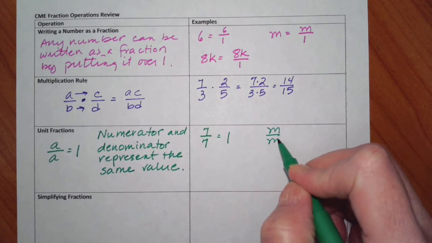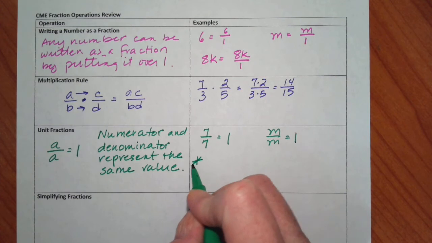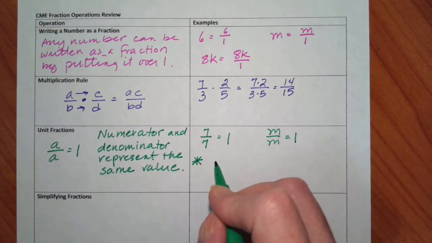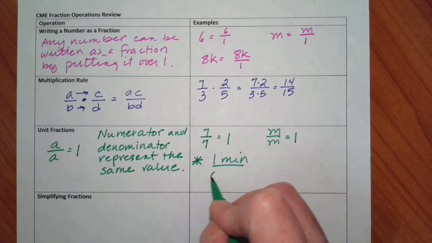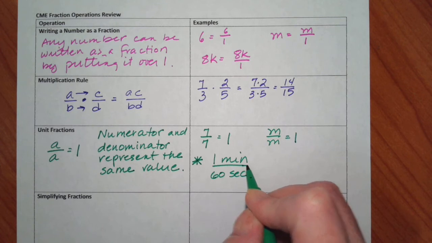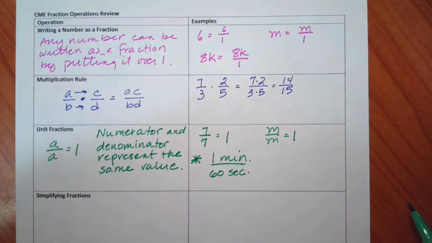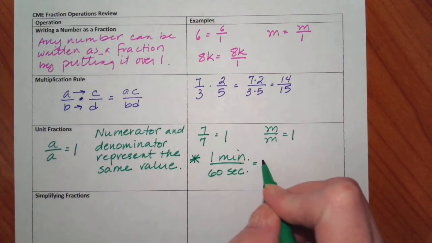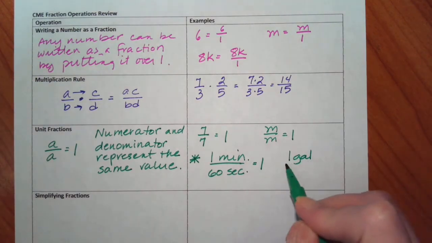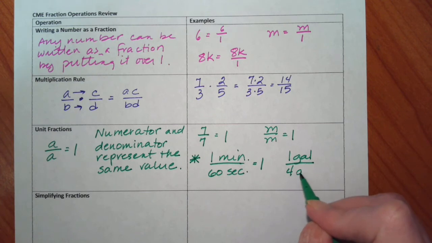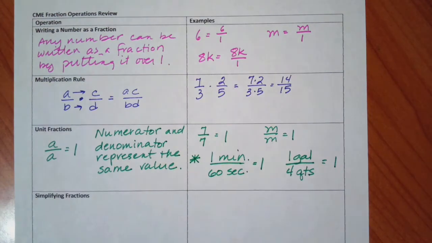If you have m over m, then that equals 1. But here's how we're really going to utilize this. If I have 1 minute over 60 seconds, 1 minute and 60 seconds represent the same amount of time, so that equals 1. If you have 1 gallon divided by 4 quarts, 4 quarts is equivalent to 1 gallon, so that also equals 1.